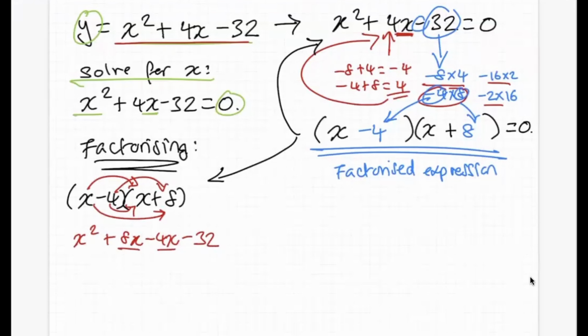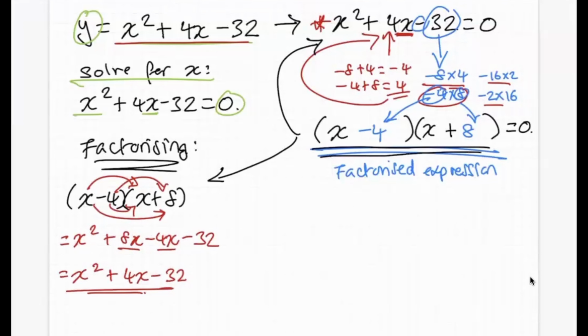So the 8x and the minus 4x simplify to give plus 4x minus 32. So this is the exact same as our equation from up here, right? So there we go. We've proved that when we factorize this expression, we get x minus 4 into x plus 8, and that is the actual factorized version of this quadratic, because when we expand the brackets like we do down here, we get back to our original equation, x squared plus 4x minus 32.